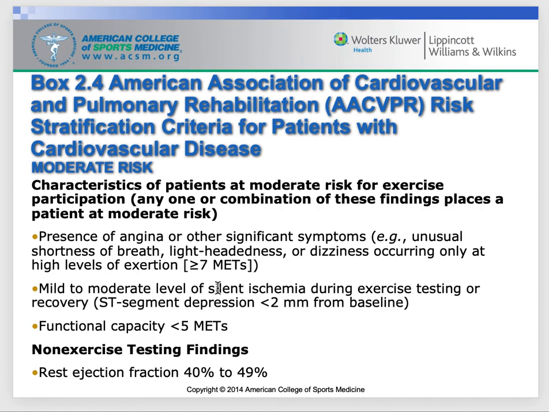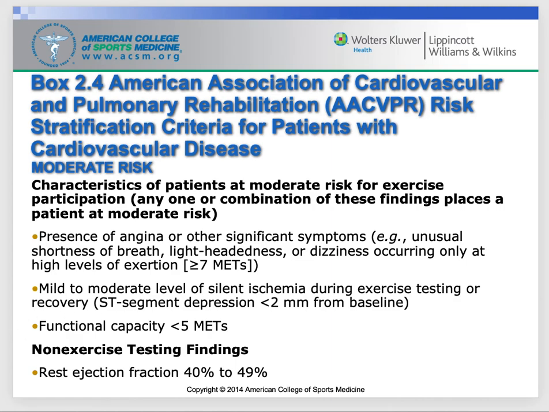Remember, guys, they don't have symptoms. Remember, this is usually your diabetes due to autonomic neuropathy. So silent ischemia, this means that their ST segment is changed, depressed, so 2 millimeters, that would be a flag. Or their ability to exercise is less than 5 METs. Okay, that's moderate. This would be a moderate person. Or their ejection fraction is reduced, right? So it's 40 to 49 instead of above 50.